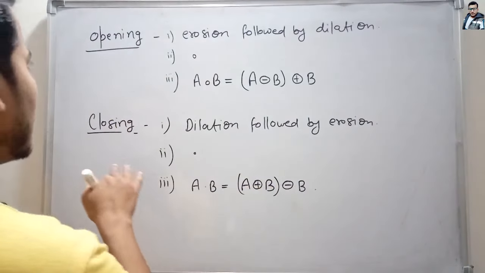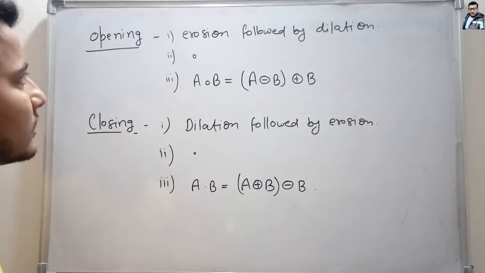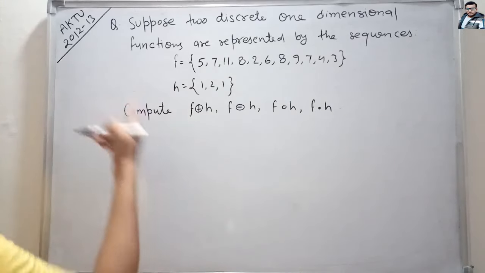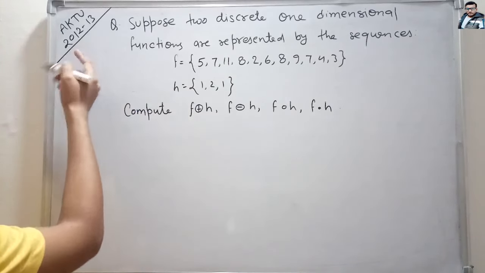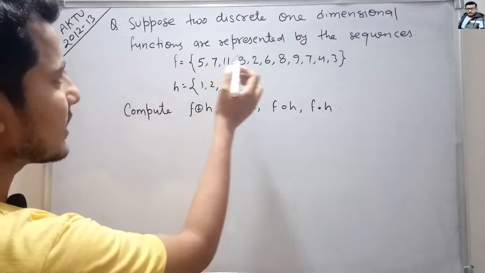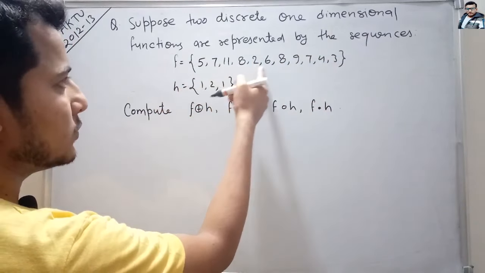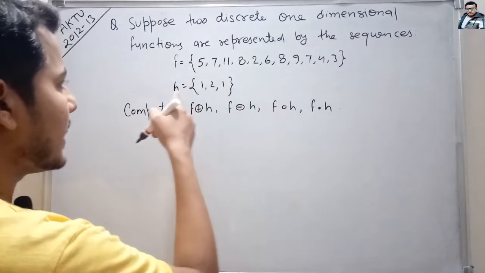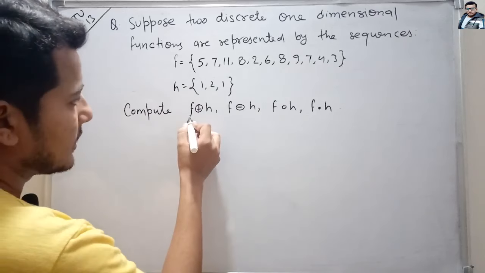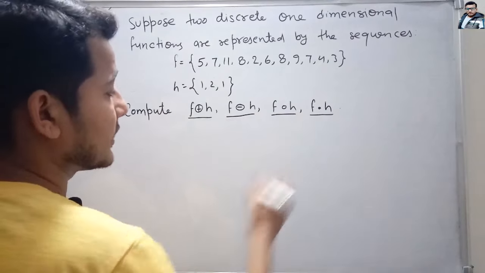Now we will see a question that was asked in a previous year, 12-13. Suppose two discrete one-dimensional functions are represented by the sequences f: 5 7 11 8 2 6 8 9 7 4 3 and h: 1 2 1, and we have to compute the dilation, erosion, opening and closing.